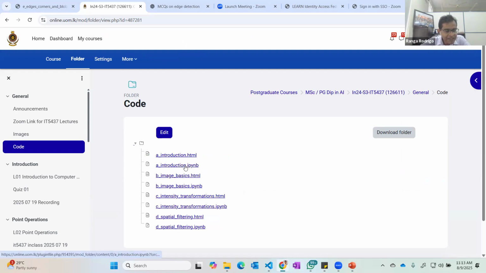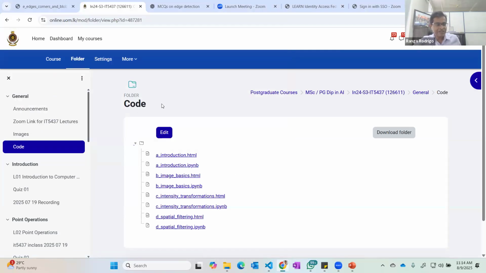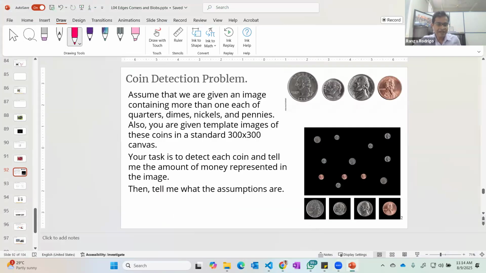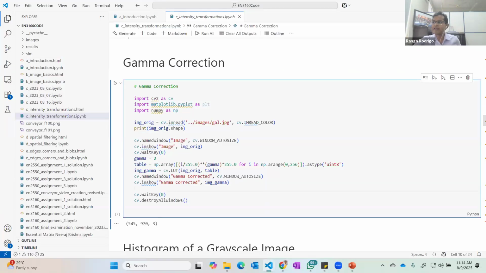The introduction class that we did and the image processing basics, I broke the file into two now, and then intensity transformation what we did and spatial filtering what we did. Since the HTML files are there, you can just download them and see. They are easy to see. Having said that, I will show you a bit of code for this one.